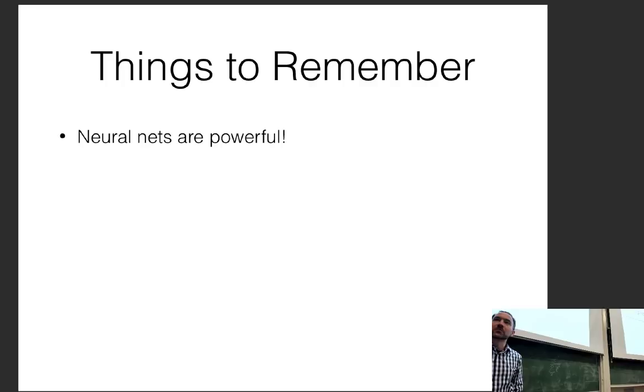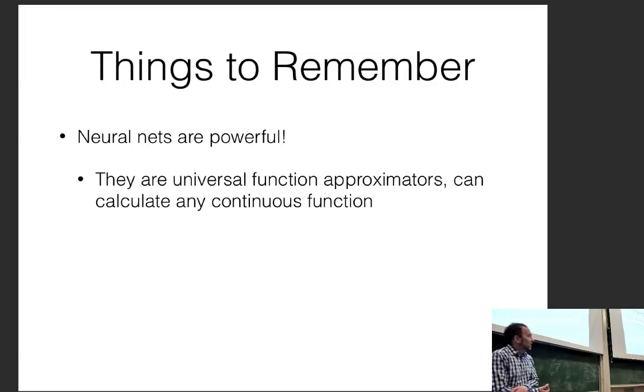The very big promise behind neural networks is that neural networks are powerful. They are universal function approximators, and they can calculate any function with some small conditions about the function being continuous in some way, et cetera. In fact, you can show that particular designs of neural networks can simulate Turing machines.